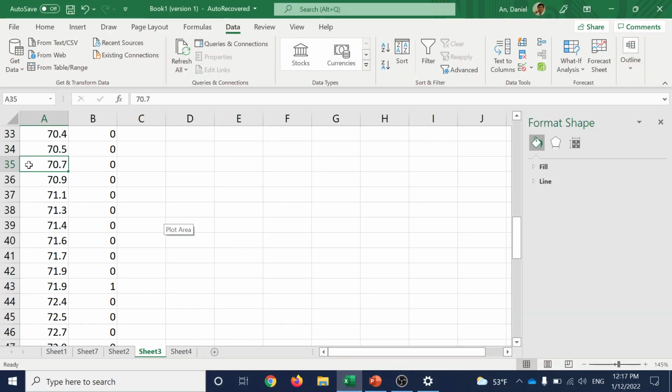For the first half, from 1 through 35, where is the median? If you divide 35 by 2, what do you get? It's 17.5, right? You round it up, so it's the 18th value, which is 66.6. That's the first quartile, right?